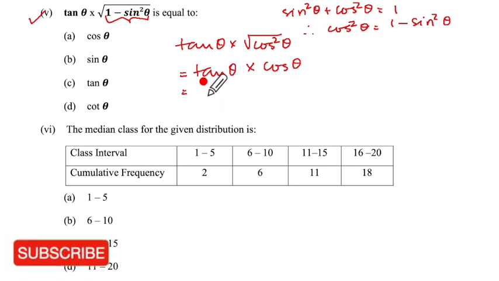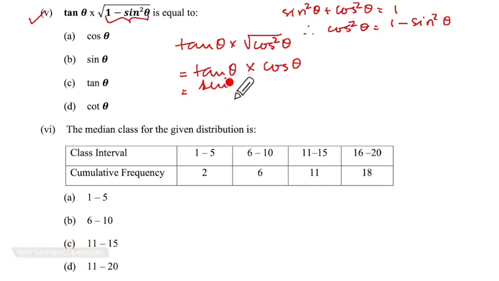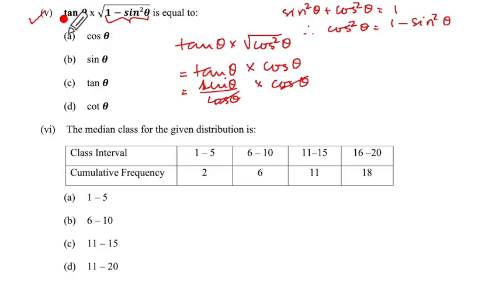Now do we know what tan is? Isn't it sine theta upon cos theta? And this cos theta we write as it is. So the whole thing equals sine theta, which is remaining. So option B is the answer.